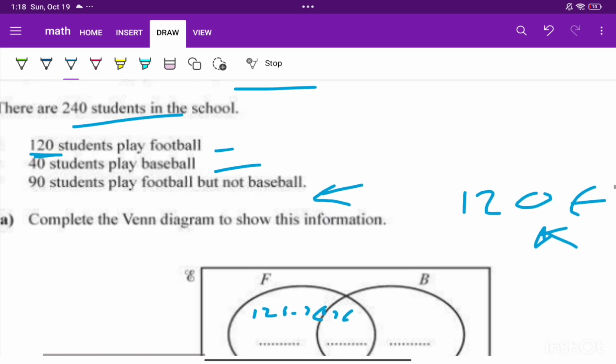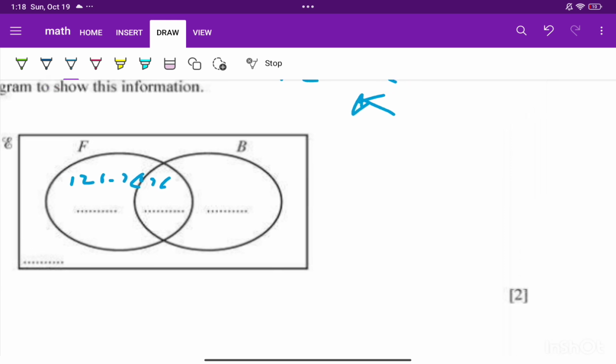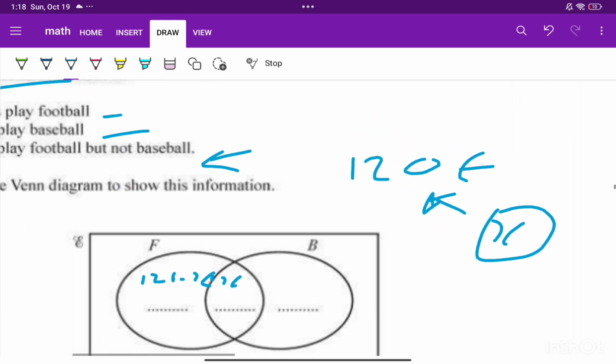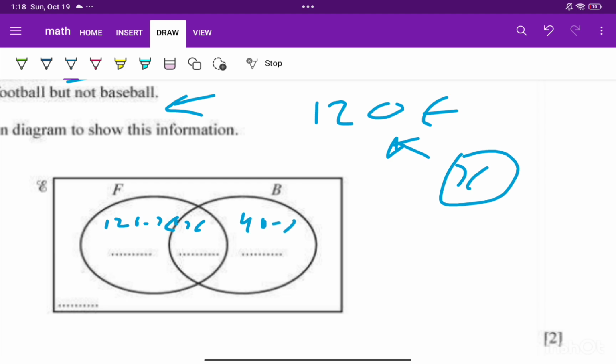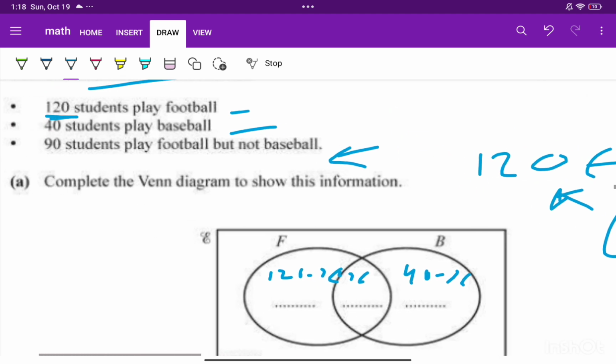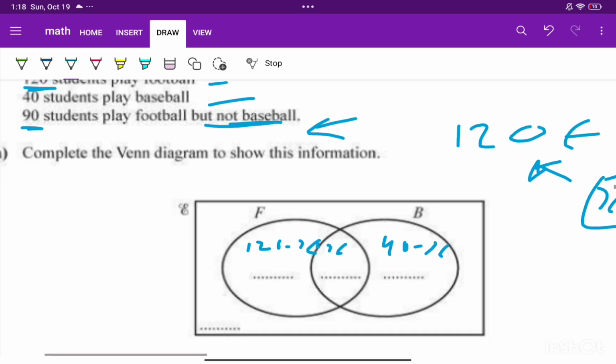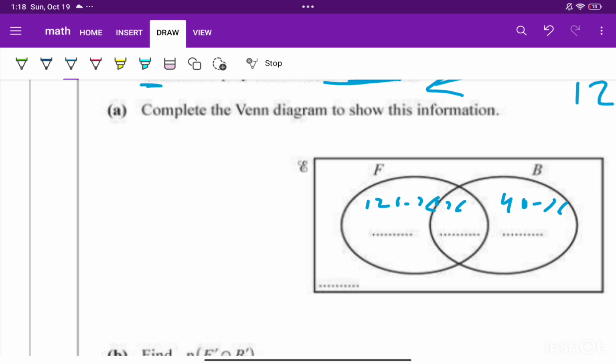And 40 students play baseball, so 40 minus X gives the number of students who only play baseball. Now, 90 students play football but not baseball. Okay, this is important, 90 students.